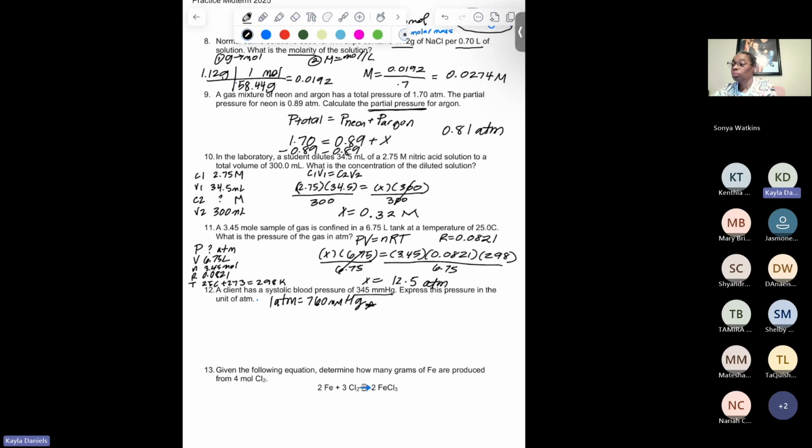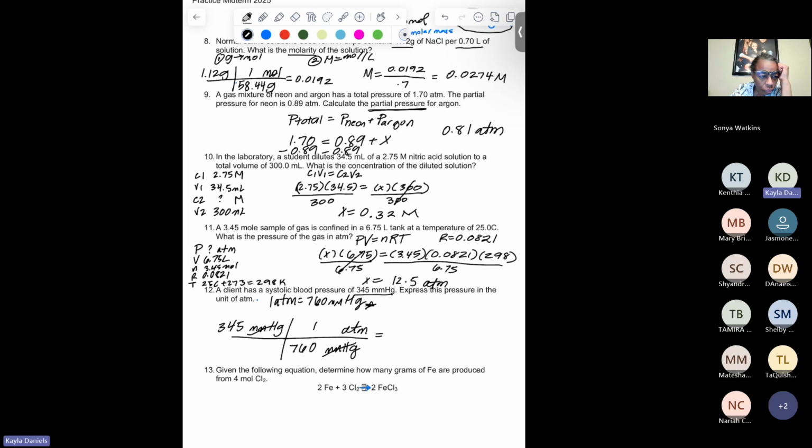Just like any other unit conversion, I'm going to start with my given on top. I'm going to put millimeters mercury on bottom because I want them to cancel, which leaves me with atmospheres on top. There's 1 atmosphere for every 760 millimeters mercury.